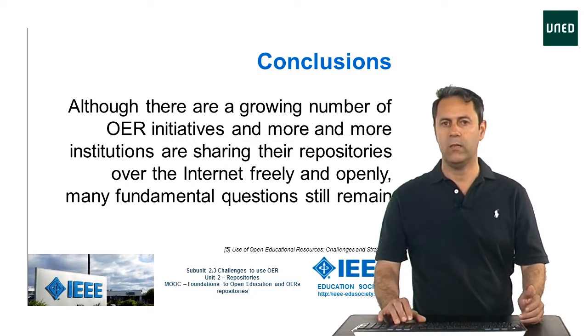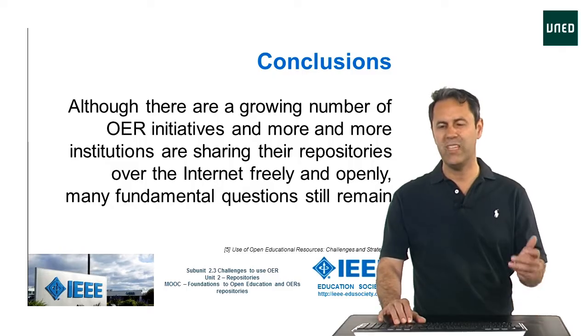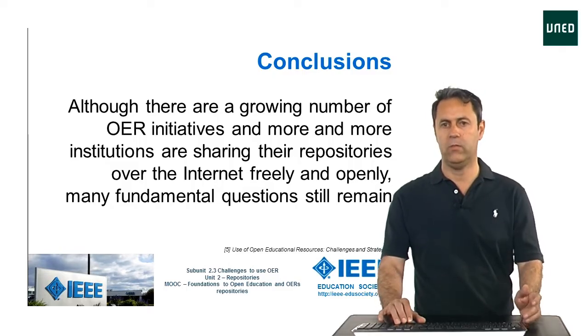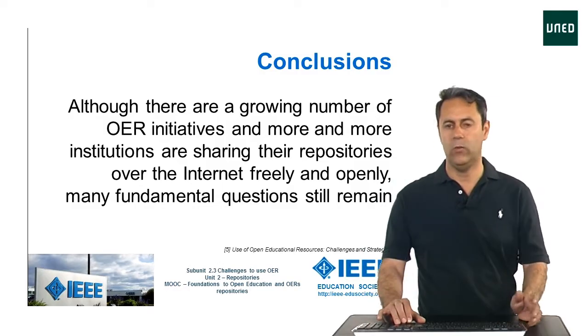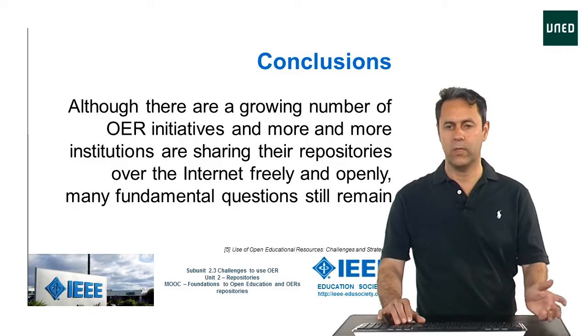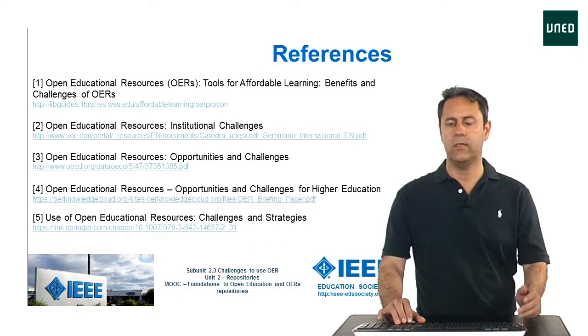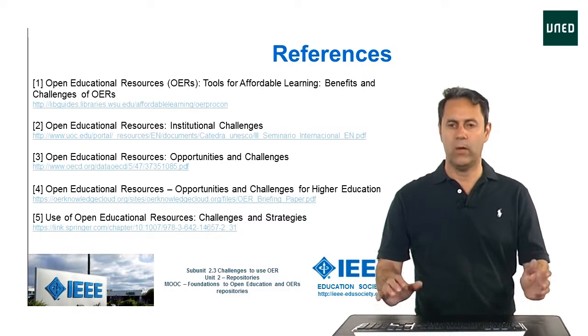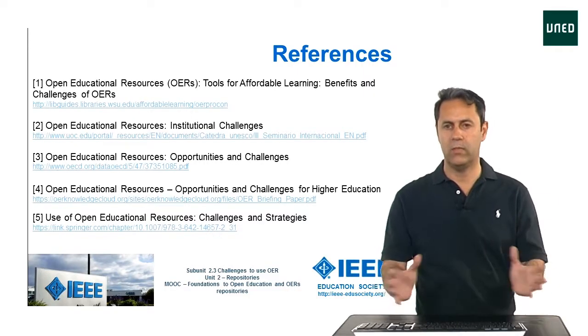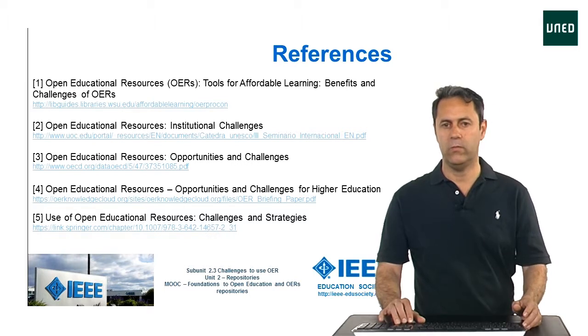Firstly, to promote new quality methods, new quality assessments, and also continue with the new methods for the quality of the open educational resources. For further details, we have this reference recommended, and we hope this subunit has solved the main challenges for open educational resources in repositories.